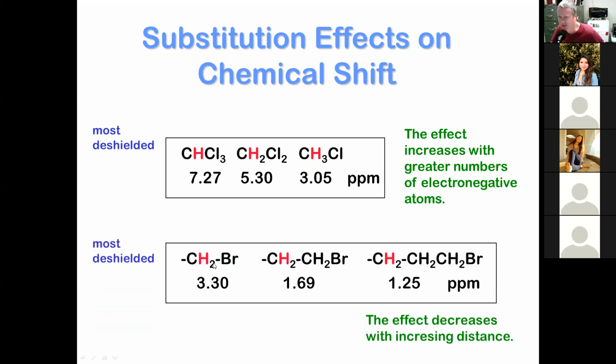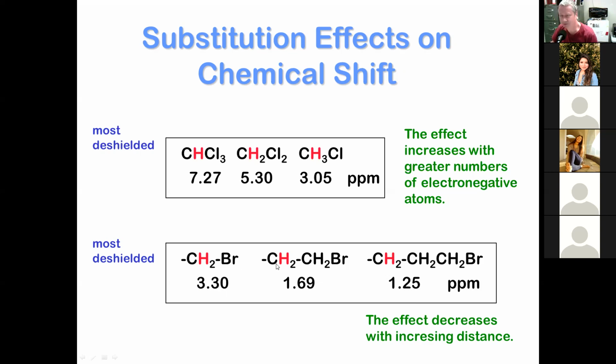Also, consider a CH2 next to Br, a CH2 further from a Br, and a CH2 even further from a Br. You can see the effect on this CH2, the red one. As you go further away from the bromine, the effect dissipates. The bromine has an electronegative effect, and if the CH2Br is next to the bromine, it's at 3.3.